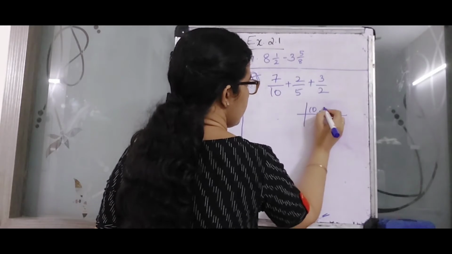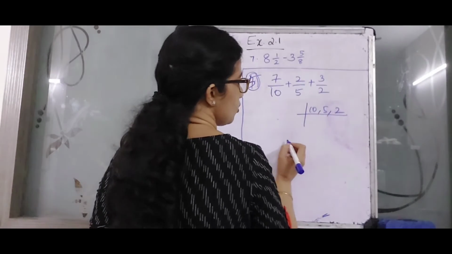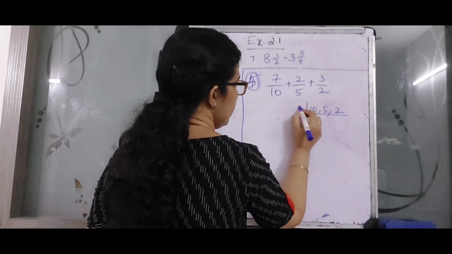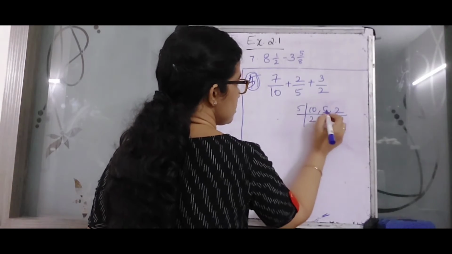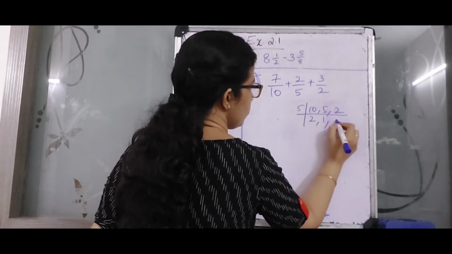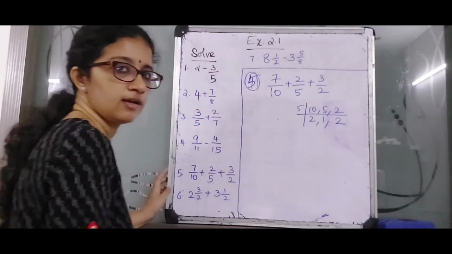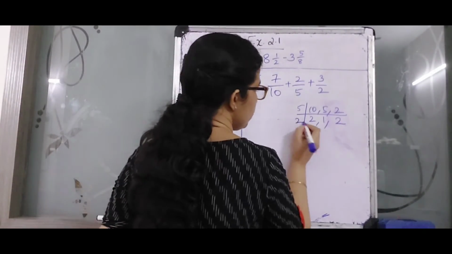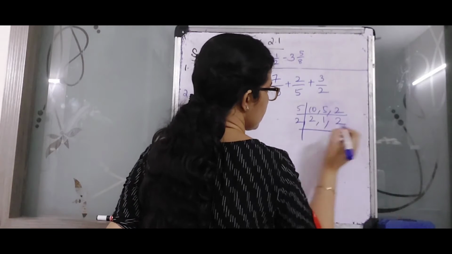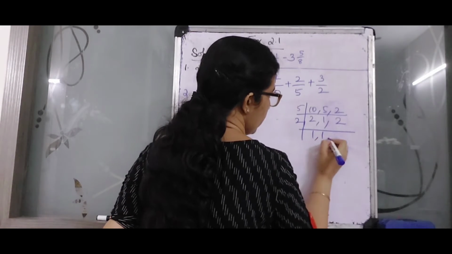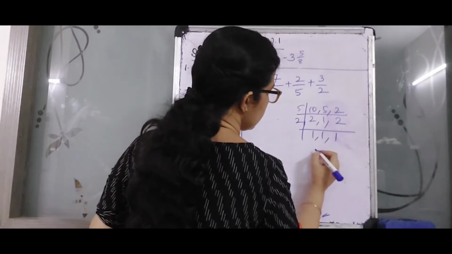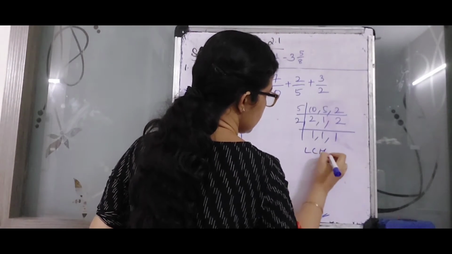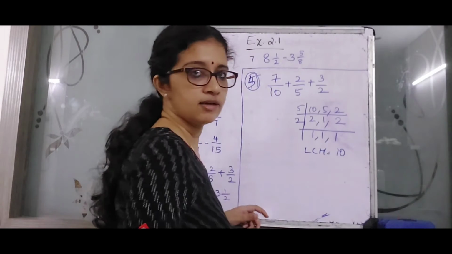Okay. 10, 5, 2. Correct? So if we take 5, 2 5s are 10, 1 5 is 5, we just have to bring this 2 down. Correct? So if we take 2 in the next step, 1, 1, 1. Correct? So 5 into 2, LCM is 10.